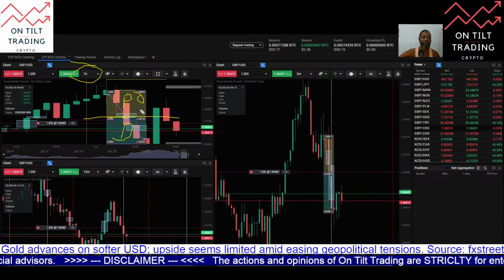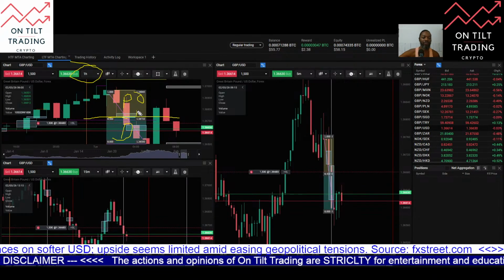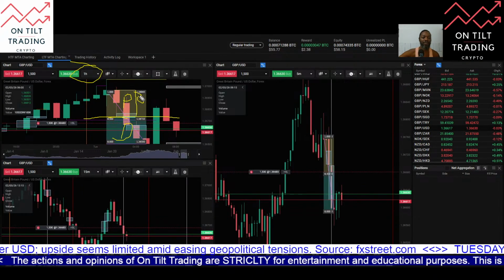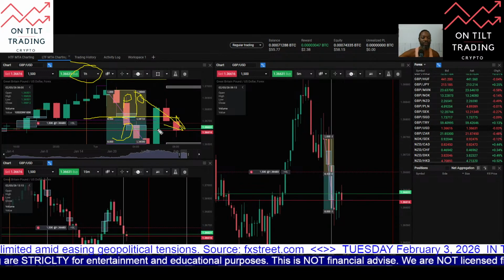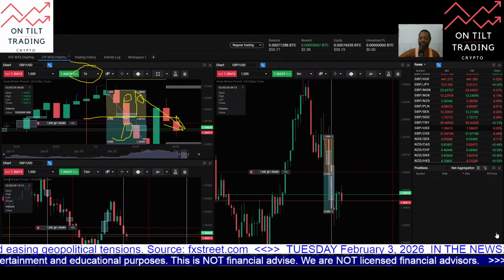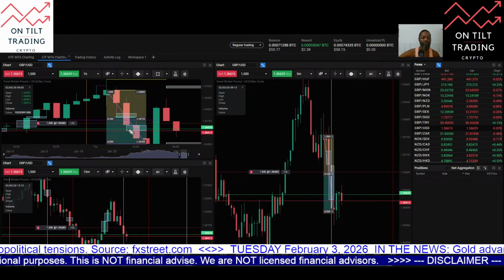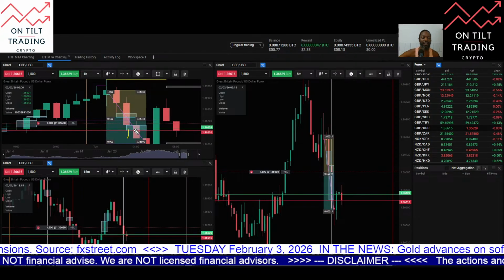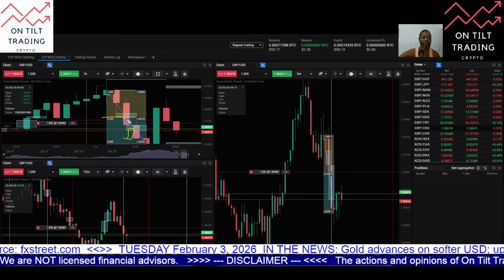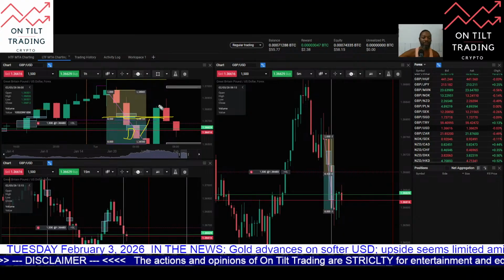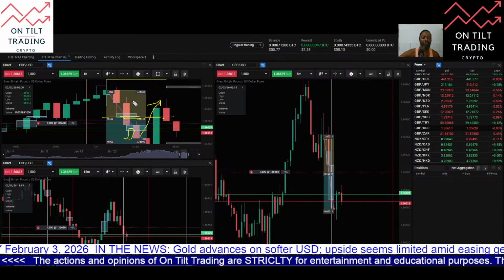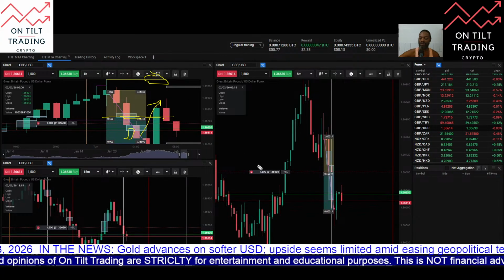So from the equilibrium up to premium, this is anywhere where I want to take a sell, and then I'm going to want to cover anywhere in the discounted area. And same thing, if I take a buy, I want to take a buy down here from the discounted area anywhere below equilibrium, and then I want to target an area in the premium or above.